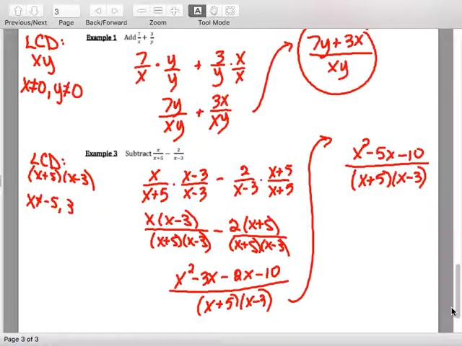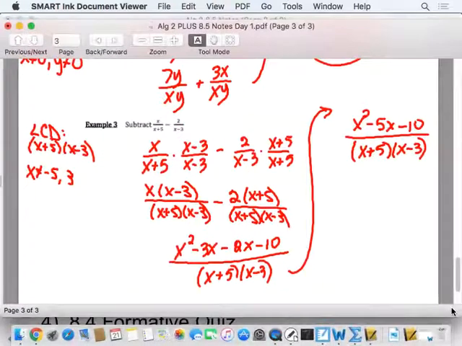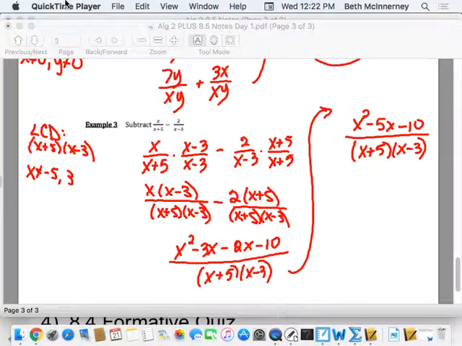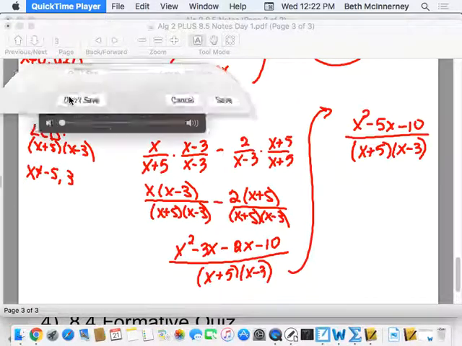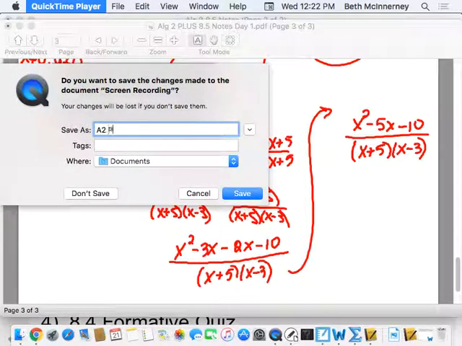Is there any way 2 and 5 can add up to negative 5? No. So you stop here. That's as far as it goes. All right, that's as far as I wanted to get with this. What I'd like you to do now is go grab a marker board. And we're going to do just some practice here.